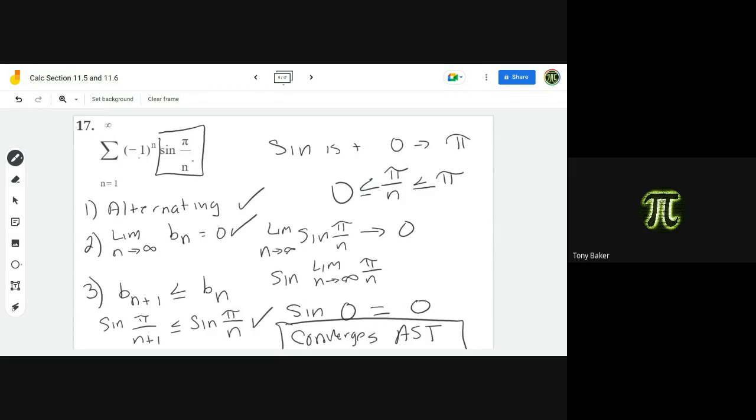It really just depends on the problem. Sometimes this one might not work for cosine, because cosine's getting bigger. It's the opposite. If it was pi over n and pi over n plus 1, cosine would be bigger. So yeah, cosine would fail this test, and we'd have to use something else.